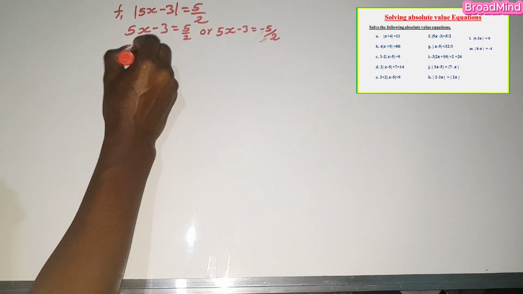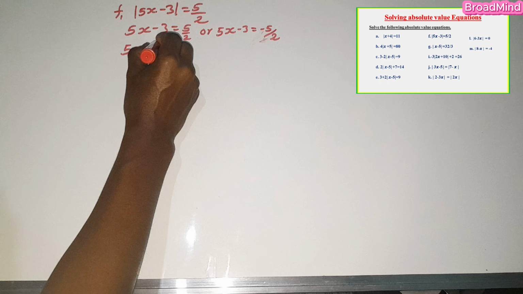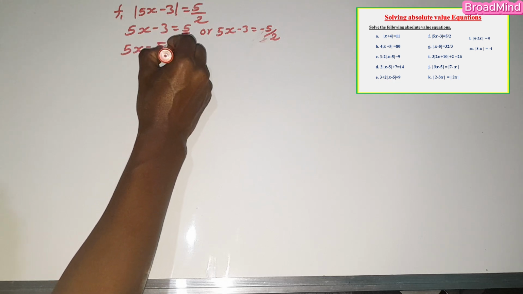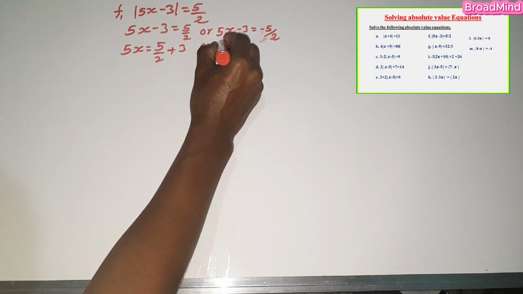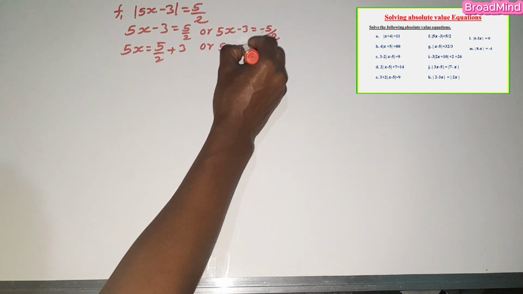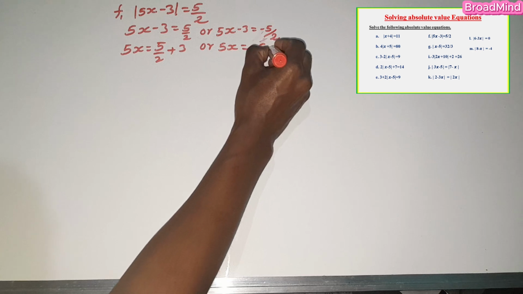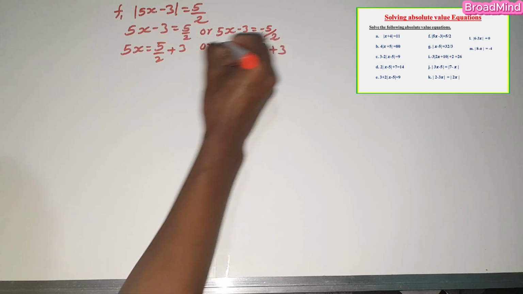Now 5x is equal to 5 over 2 plus 3, or 5x is equal to negative 5 over 2 plus 3.